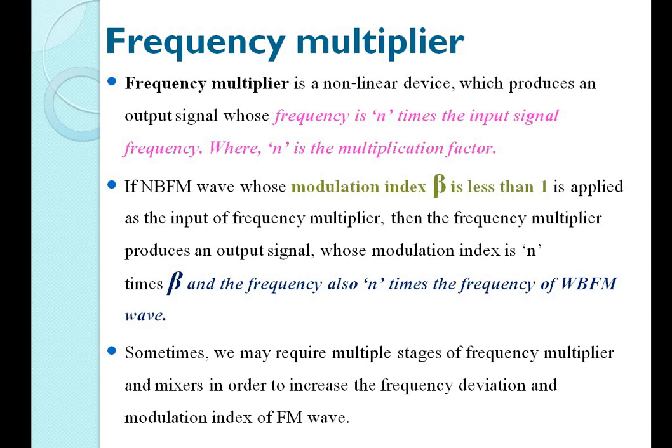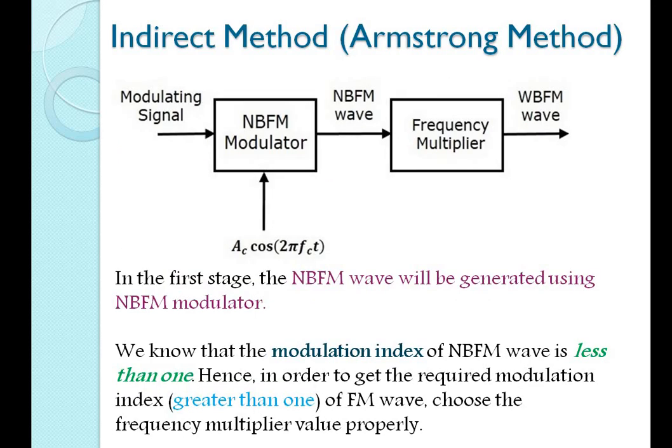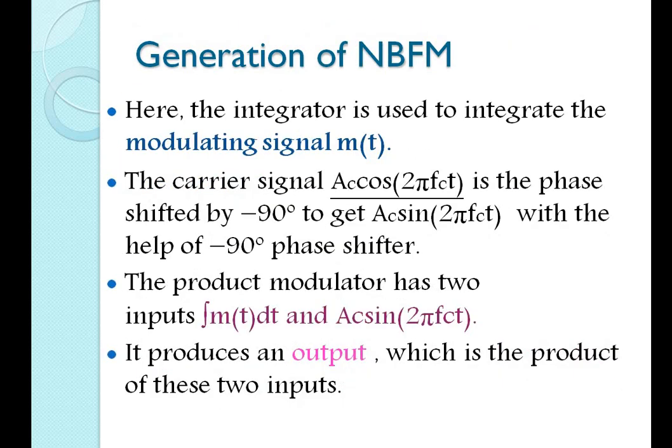If you are using 2 to 3 multipliers, and the first multiplier does not give a value greater than 1, it will go for one more multiplier. 2 to 3 times we can go on multiplying and get your wideband frequency modulation. So this is how wideband frequency modulation is generated. I hope you are clear with this generation of frequency modulation.